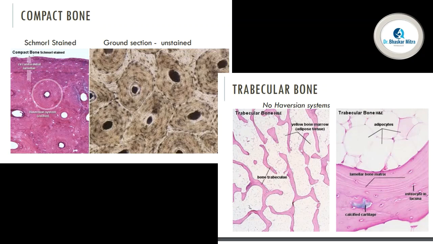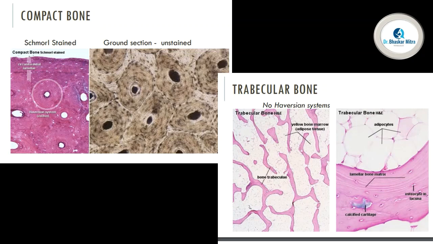So, now how does the compact bone look? It looks like this. This is a single osteon showing the lamellar bone. In between there are white spots, these are the lacunae. This is the central part of this system, the Haversian system or the Haversian canal through which blood vessels pass.